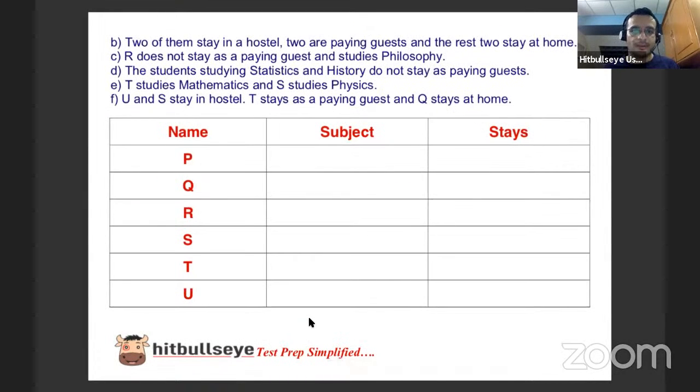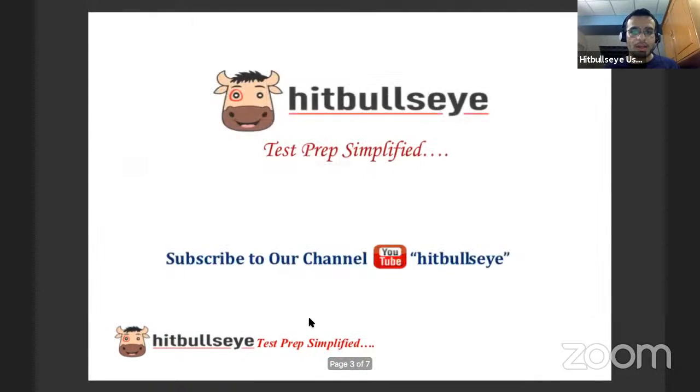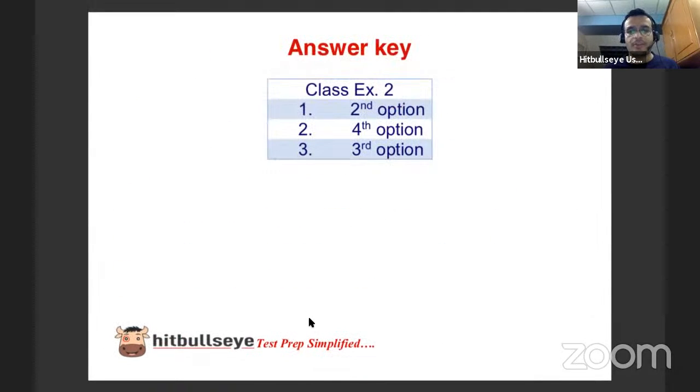Something like this we have to create. Right? The answers are second option, fourth option, and the third option. BDC is absolutely correct. Now, how many of you have got it right?